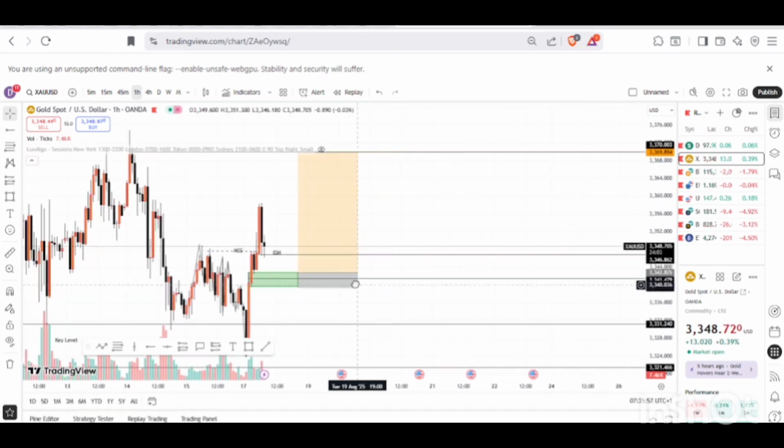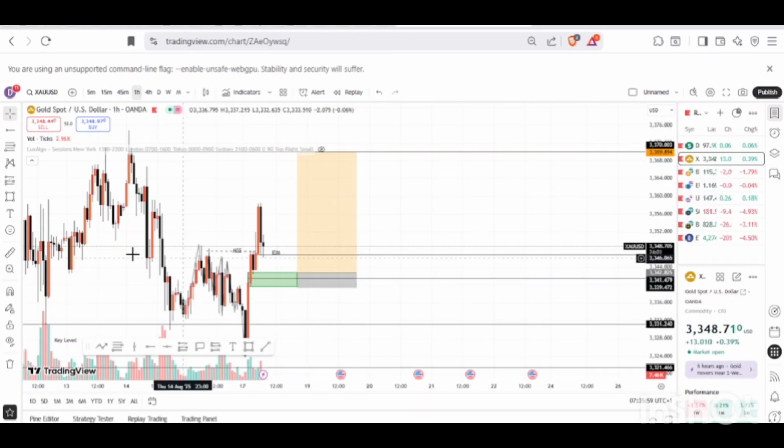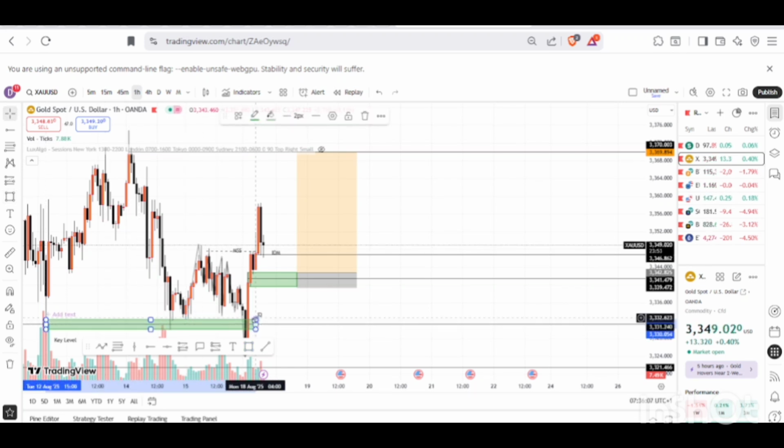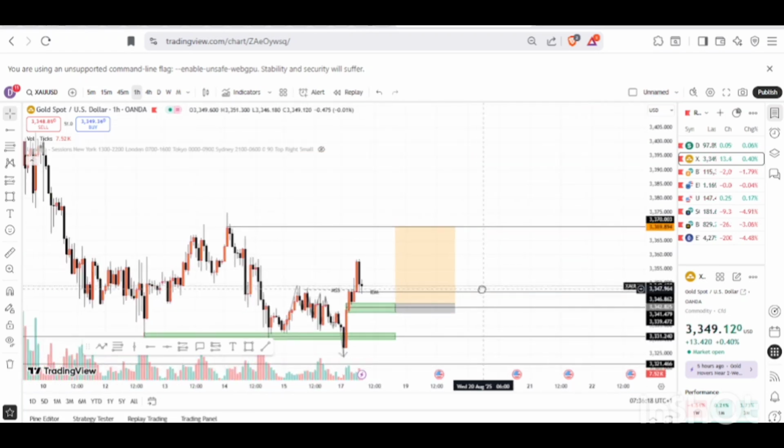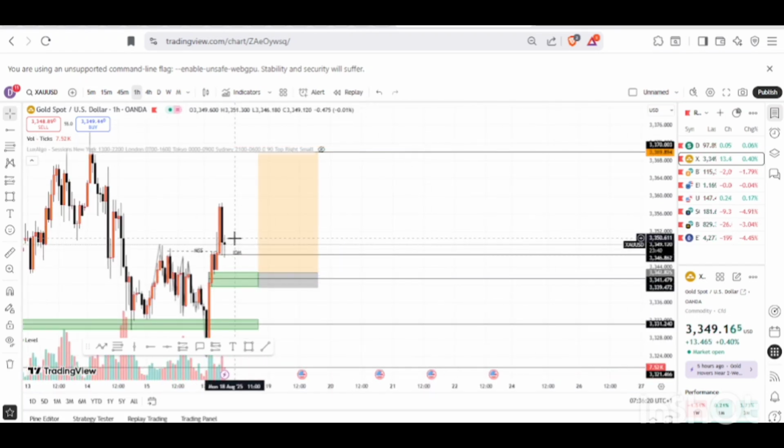So I'll be taking the whole of this area, an order block that failed, as my second point of interest. I'm looking at peradventure price decides to disrespect this zone.